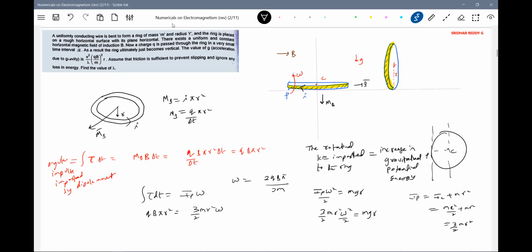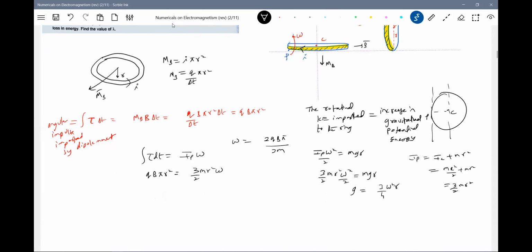The value of g is what is being asked. So m cancels, 3 by 4 omega square r. Now the omega square value we will substitute: 3 by 4 into omega, which is 2qb pi by 3m, whole square, into r.